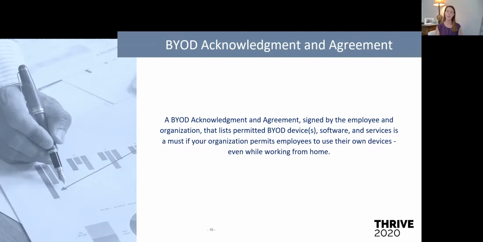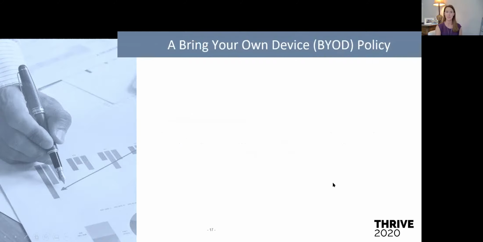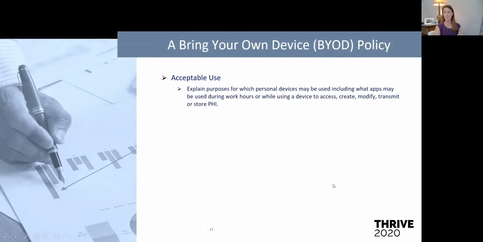So it is important that you have an acknowledgement and an agreement in place, and that it does specifically state what devices can be used, what software can be used, and if you're going to permit an individual to use their device, we have to have this written out so that they understand their responsibilities and they also understand the responsibilities of the organization, which is what brings me to my next topic.